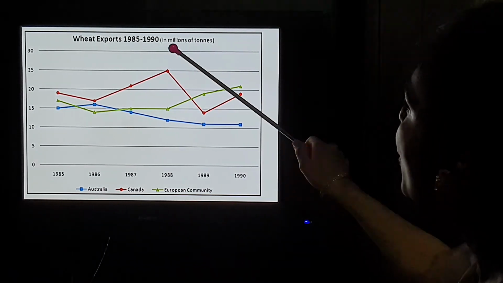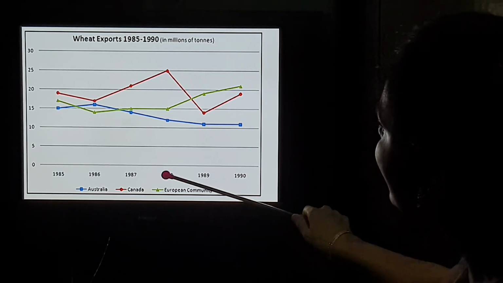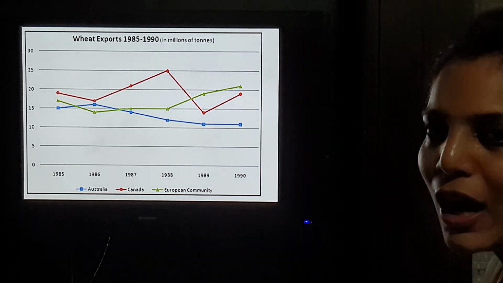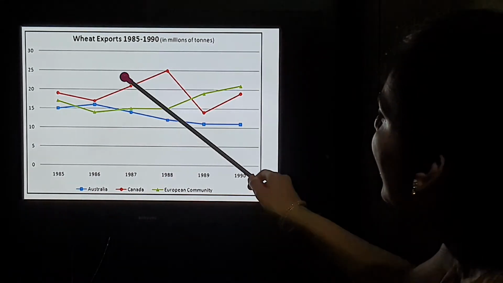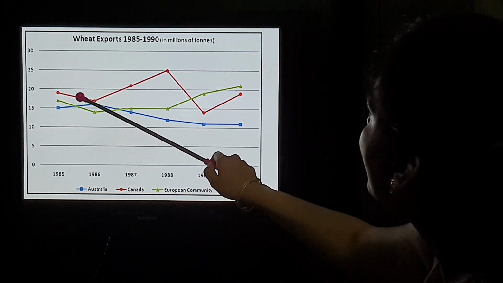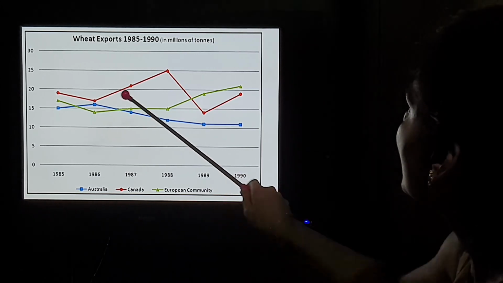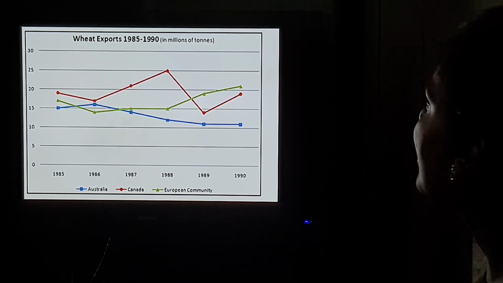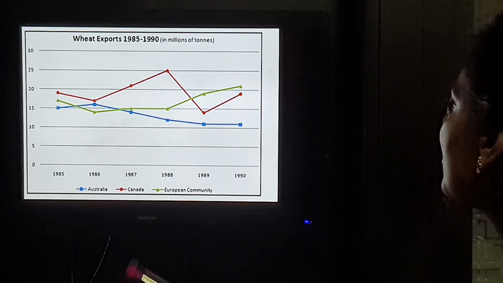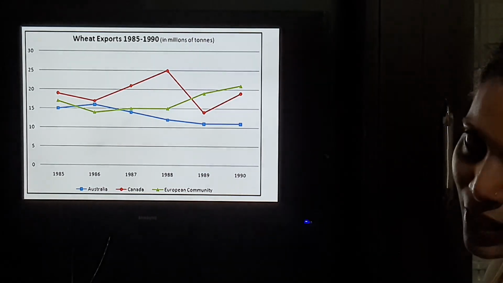Other than that, what you can see, in 1988 the wheat export of Canada was maximum, and the wheat export of this country, Australia, was minimum in year 1990.